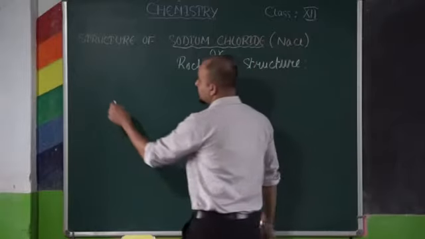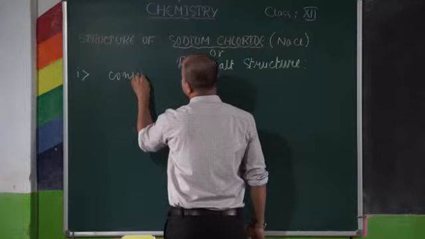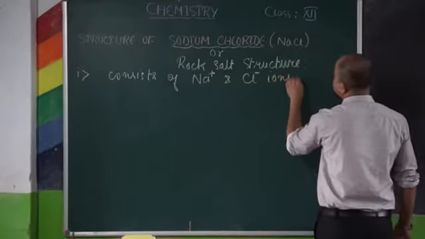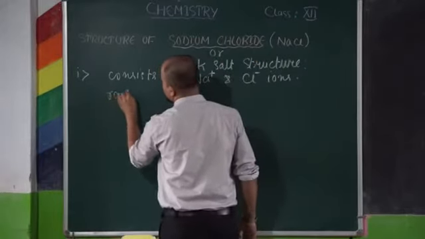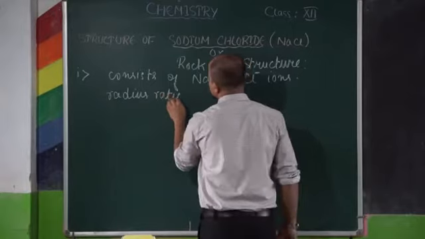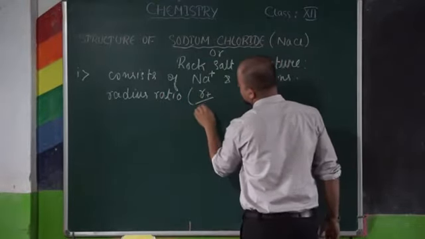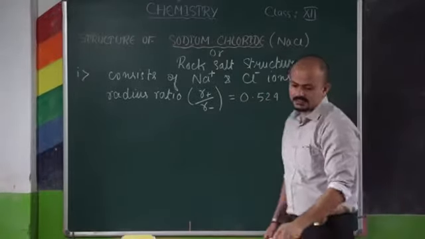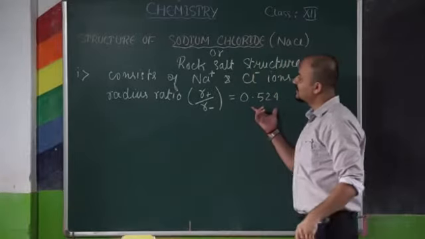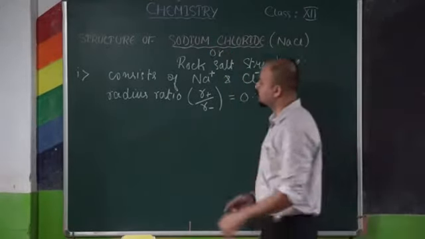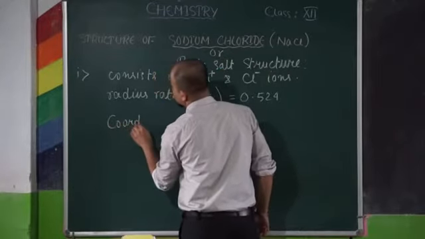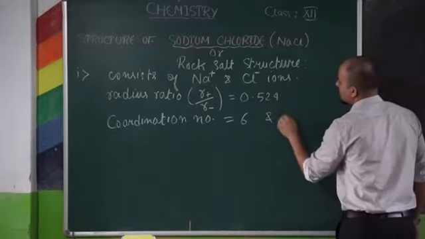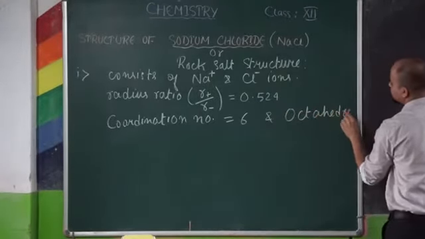It consists of Na+ ions and Cl- ions, and its radius ratio, that is radius of the cation by radius of the anion, is equal to 0.524, which suggests that this sodium chloride will have coordination number 6, and it has octahedral structure.